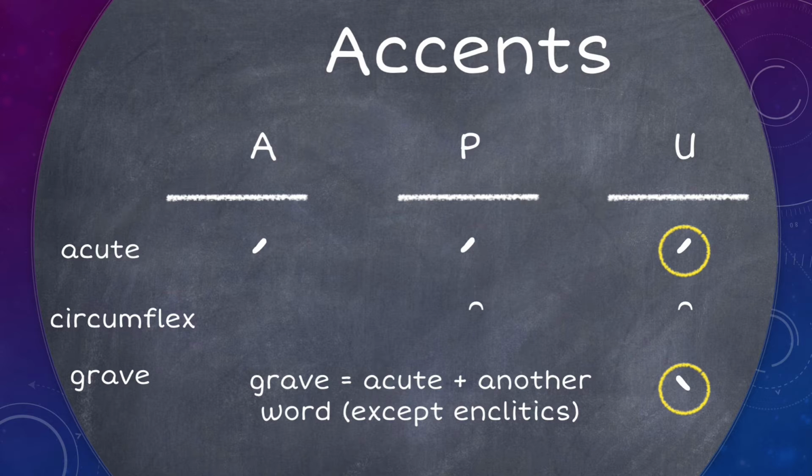There are 3 accents that appear on Greek words: acute, circumflex, and grave. Now the grave will not concern us here, since it only occurs in specific circumstances that we'll deal with when we get to accents on the nouns and pronouns.